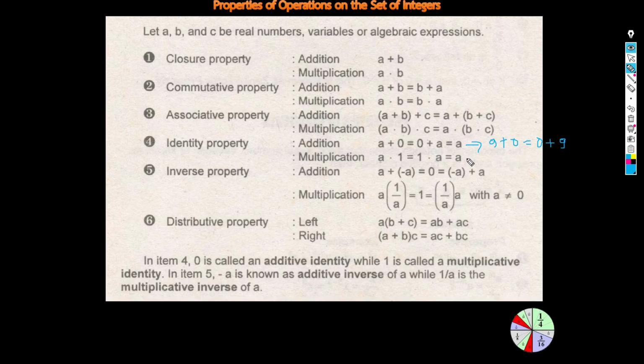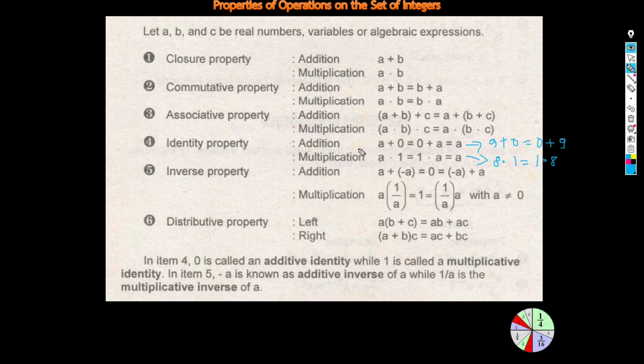Same with the multiplication here. Let's say A is equal to 8. 8 multiplied by 1 will just give you the same answer as when you multiply 1 by 8.